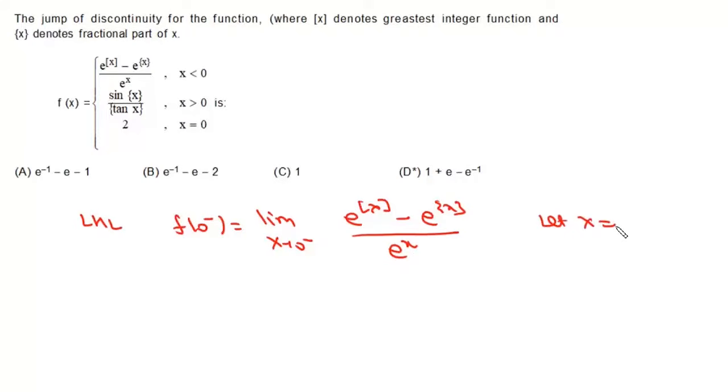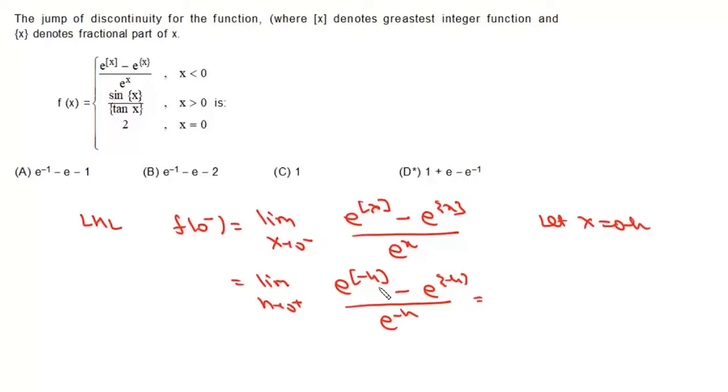Now we let x as 0 minus h. So it will be this limit, h tends to 0 positive, e to the power greatest integer function of minus h minus e to the power fractional part of minus h upon e to the power of minus h.